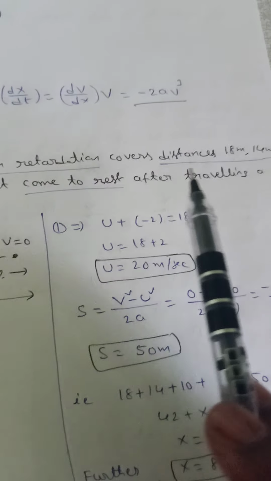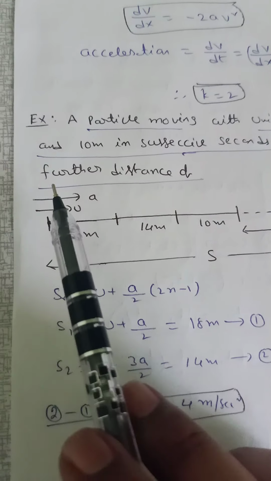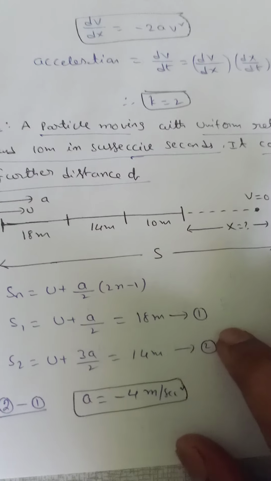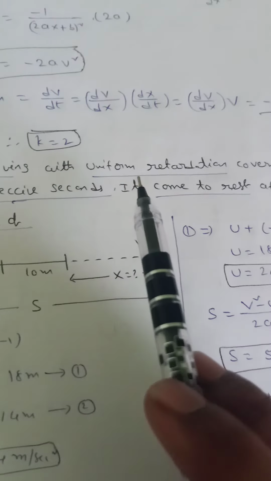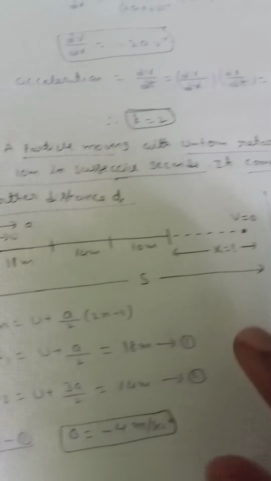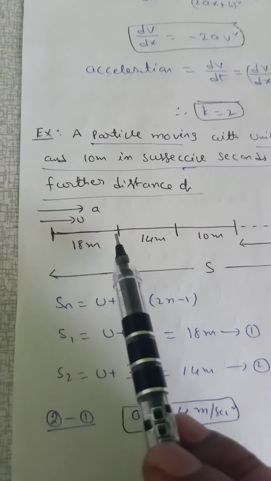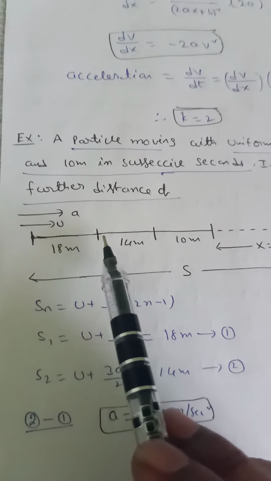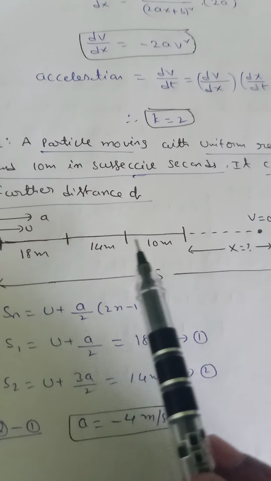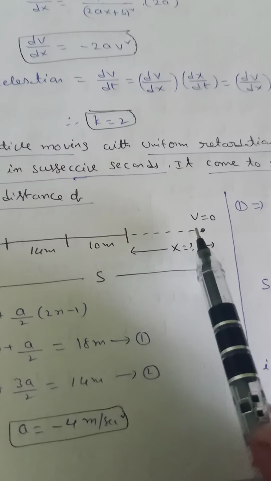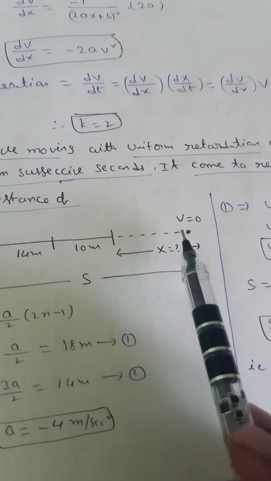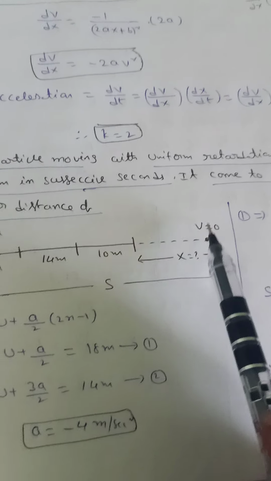It comes to rest after traveling a further distance of x. The particle moving with uniform retardation travels 18 meter in the first second and 14 meter in the second, and we need the last distance before coming to rest.